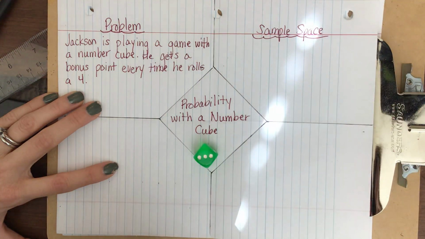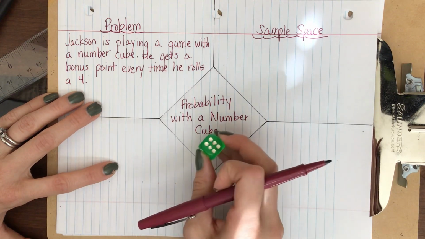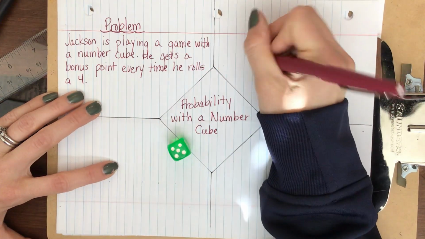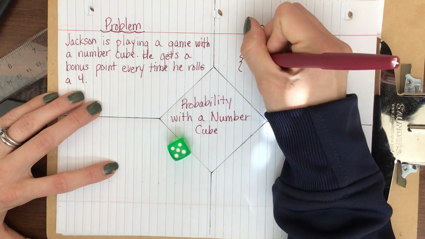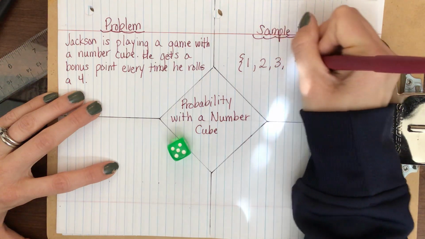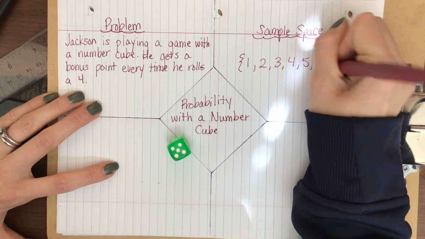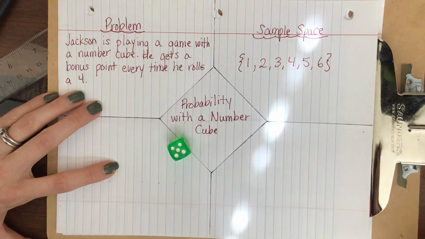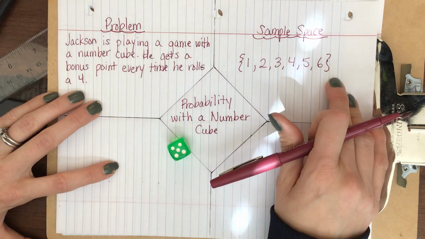Okay, a sample space is a list of all the possible outcomes when you roll a number cube. So a sample space is written like this. You have these fancy brackets, and then you're literally writing out all the possible outcomes, all the different things that can be rolled when you roll a number cube. Okay, so a sample space for a number cube looks like this.